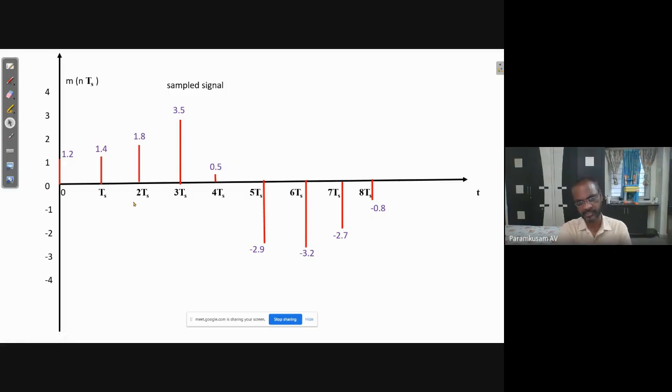The sampled signal has infinite possible values from -4 to +4 at any instant of time, or limited possible values? I need a quick response. If you know the answer, say yes. Otherwise, say no.